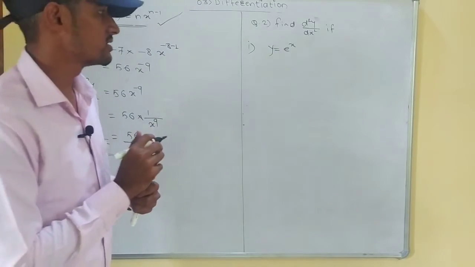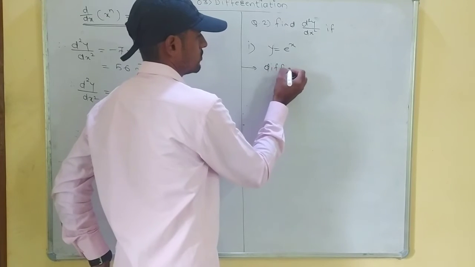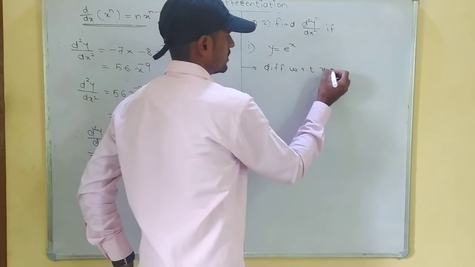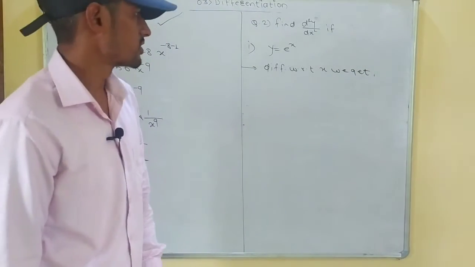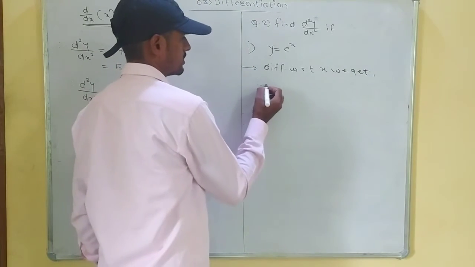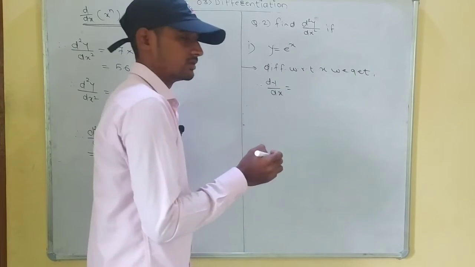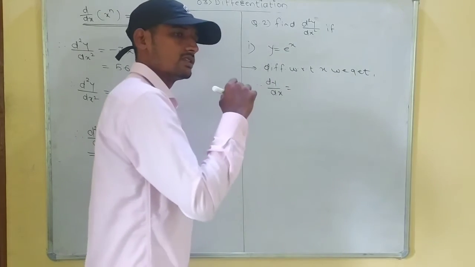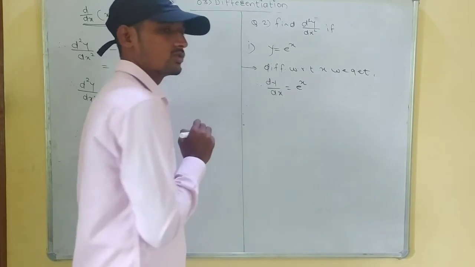So first of all differentiate with respect to x, we get the first order derivative, that is dy by dx is equal to the derivative of e to the power x, which is nothing but e to the power x, so write it down as it is, e to the power x.